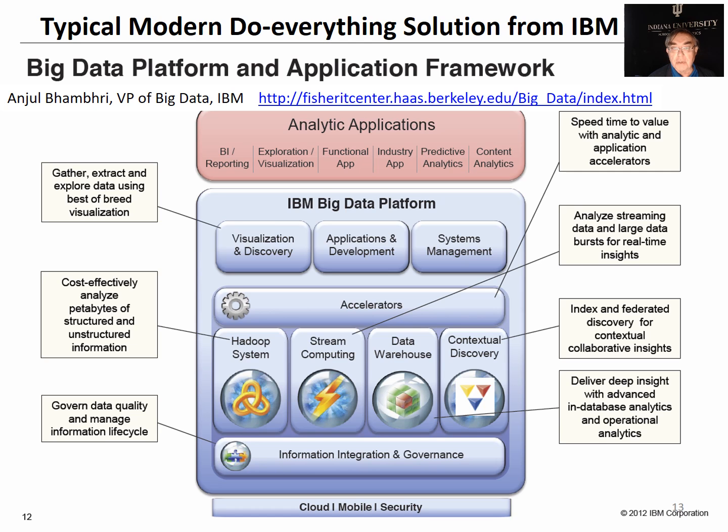If you look at a standard talk from a big company, they will do everything. Here's the IBM Big Data Platform. It has Hadoop, it has streams, it has warehouses, and it has semantic type technologies. And it has visualization, it has acceleration, it manages everything, and puts in lots of different applications.